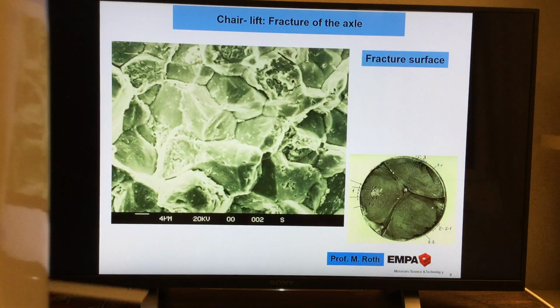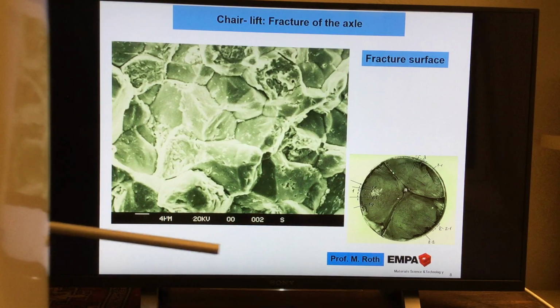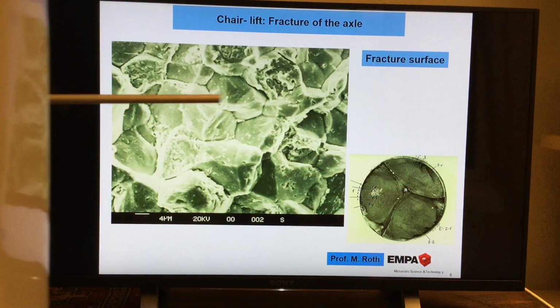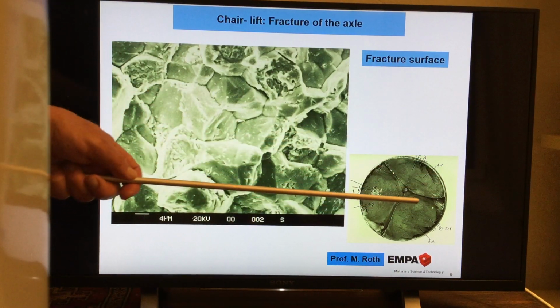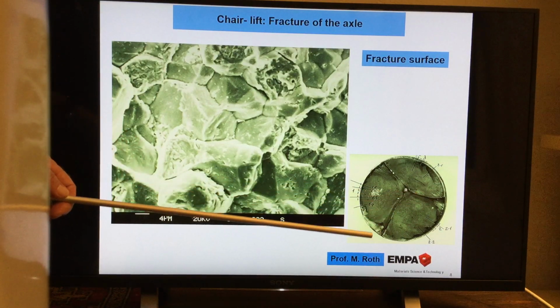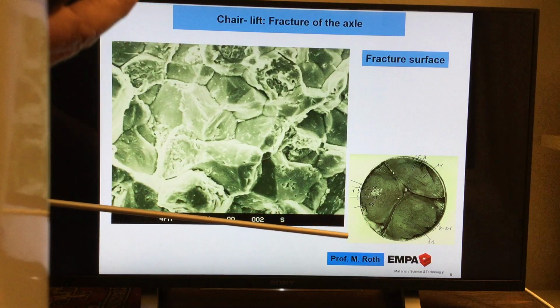Okay, now the investigation starts, of course, after first visual inspection, as I told you, on this axle fracture surface. You easily can, not easily, but you could see these beach marks just by visual inspection.